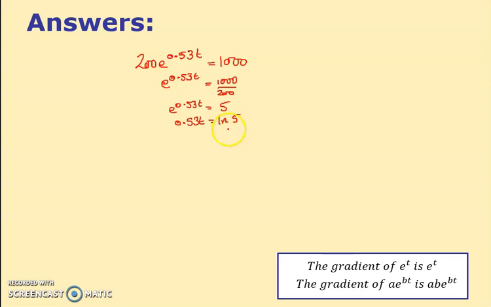You don't have to write it in a log notation, just write this ln. It probably wants a proper decimal answer here, so I get 1.6 for this. 0.53t equals 1.609 and a bit. So t equals, I'm going to just divide that by 0.53. I get 3.04.